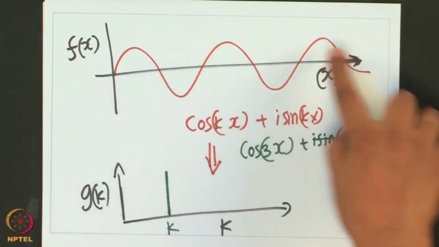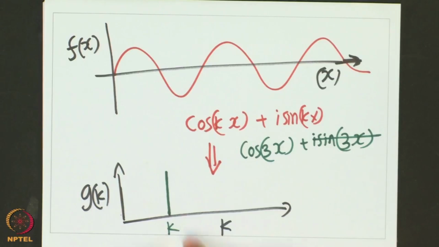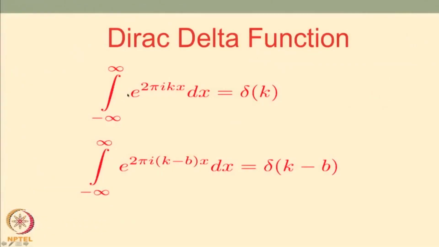So, this whole thing is now converted to just one peak, one function, which is called a Dirac delta function. The mathematical definition is the following: the integral of e power I 2 pi kx is delta of k, and the integral of e power 2 pi I (k minus b)x is delta of k minus b.